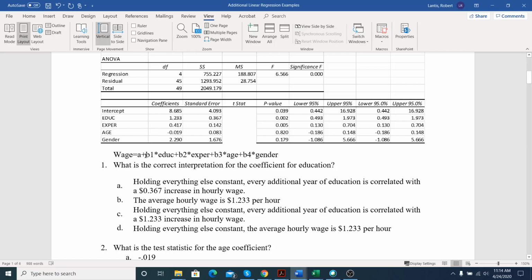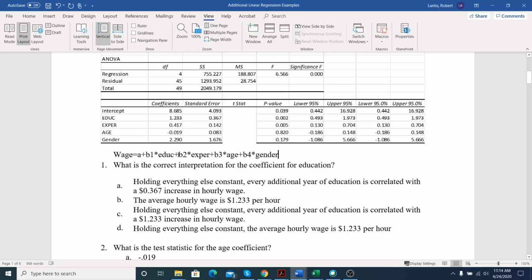So if I can obtain these values for the intercept A and each coefficient, then if you give me a hypothetical person, I could predict what their wages should be. If they have 14 years of education, 4 years of experience, maybe they're 30 and they're male, then I could predict what their wage should be.